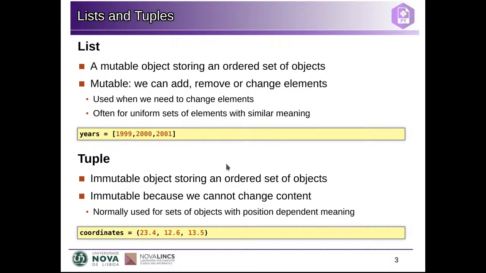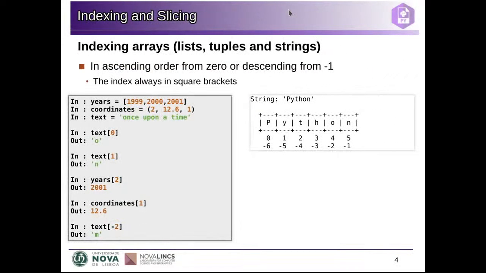There is another advantage which we will see with dictionaries, that you can use immutable objects as keys of dictionaries, but we'll see that later. So basically, lists and tuples are ordered sets of objects, and in the case of list you can add or remove elements. In the case of the tuple, you cannot change anything there.